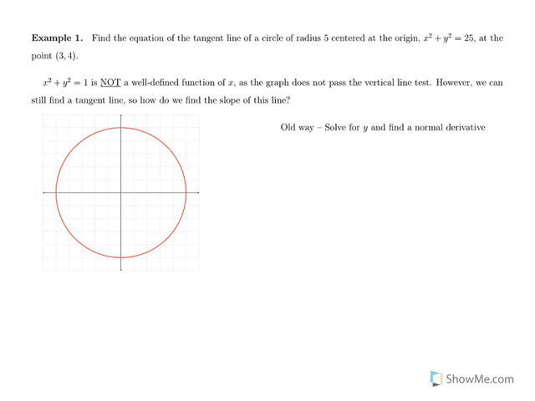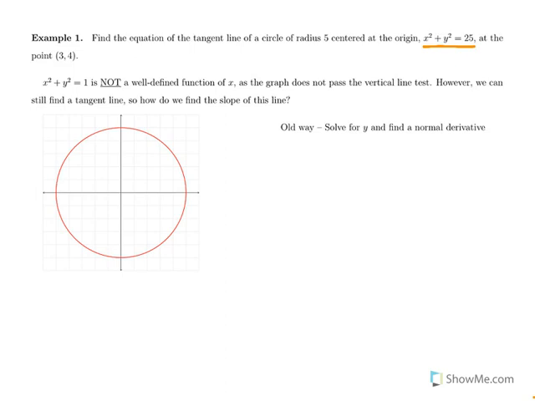So, find the equation of the tangent line of a circle of radius 5 centered at the origin. The equation of that circle is x squared plus y squared equals 25, where 25 is 5 squared. And we're going to find the tangent line at the point 3, 4. So first, let's see if we can even draw this.